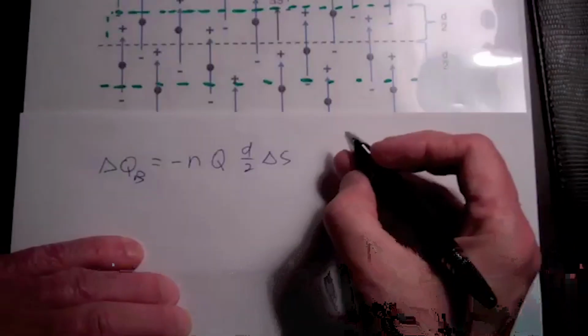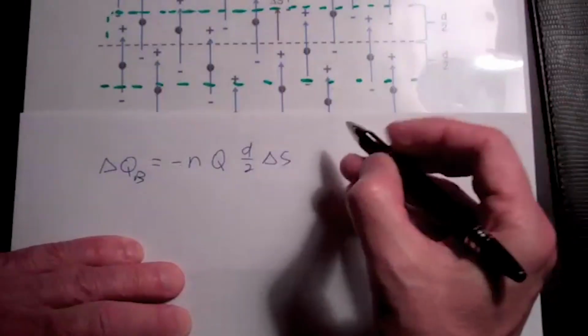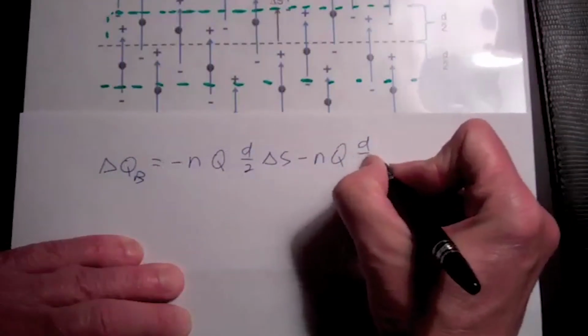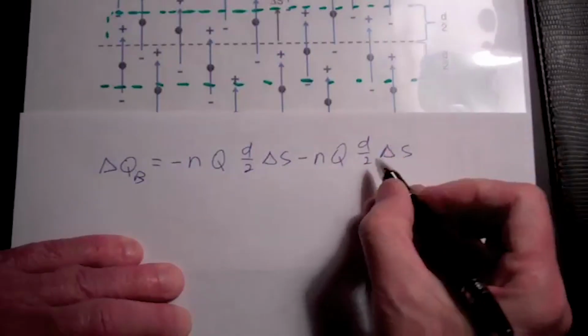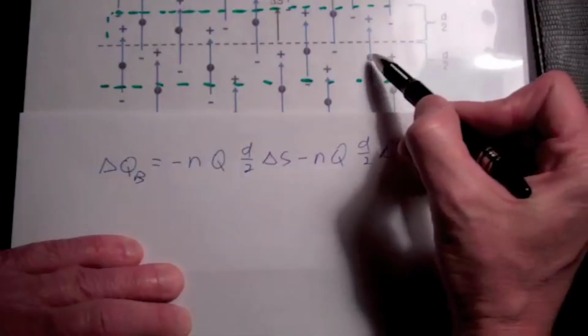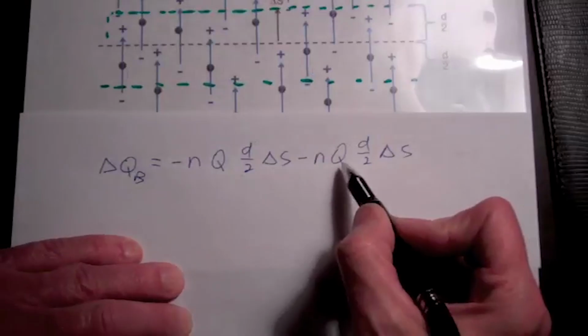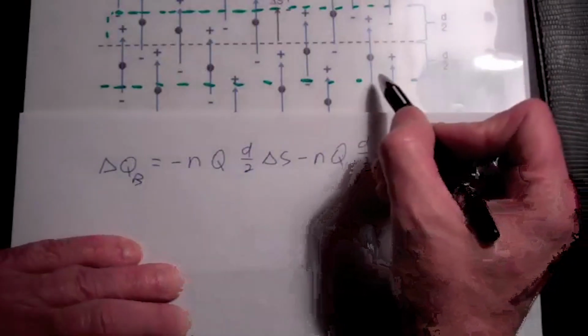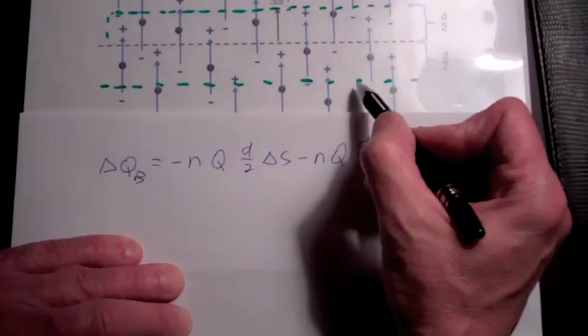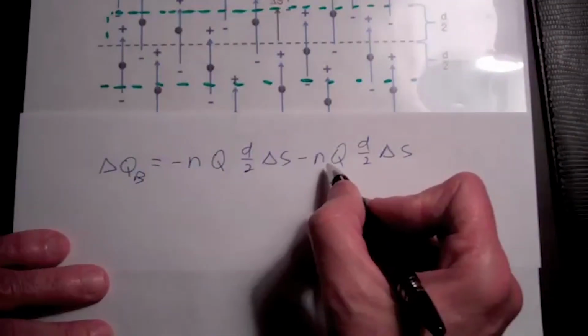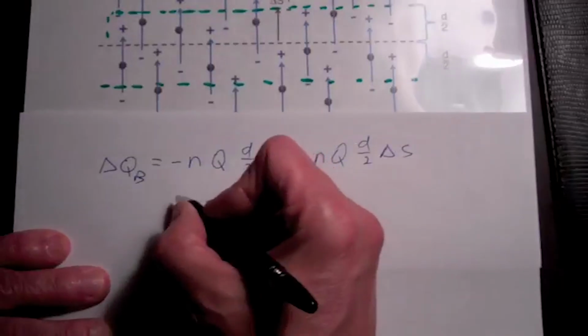So, this results in a change in the charge in our enclosed volume of minus nq d over 2 delta S, where d over 2 delta S is this volume in which every atom will push a plus q up through the interface, which will result in a minus q increase in charge in our enclosed surface, and n again is just the number of our atoms per cubic centimeter.